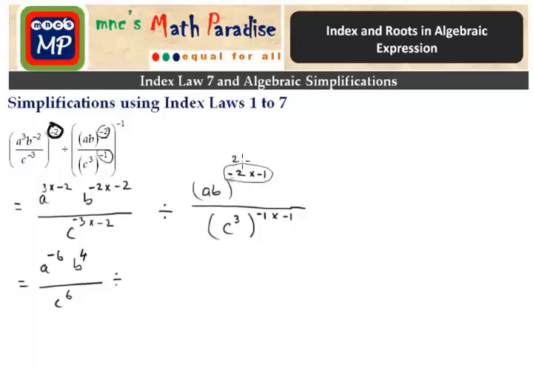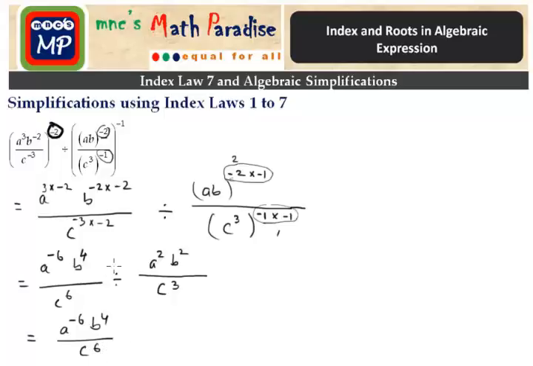So a b to the power 2 means a to the power 2 and b to the power 2. We will distribute this power 2 among a and b. So it's a squared b squared, division, this minus minus plus, so it will be c to the power 3, and this is 1. So 1 power means it will remain as it is. Now a to the power minus 6, b to the power 4, division c to the power 6.